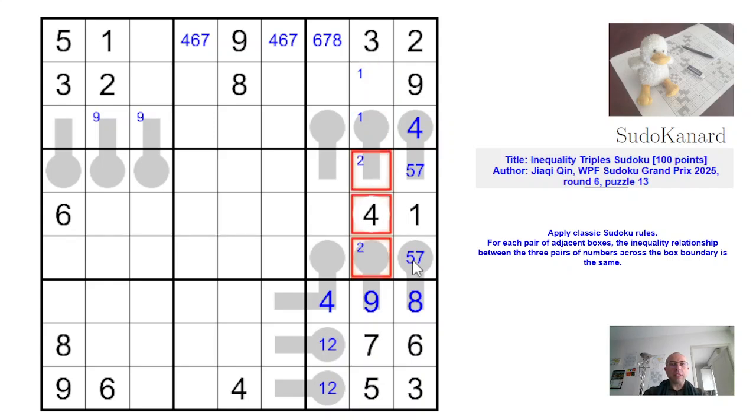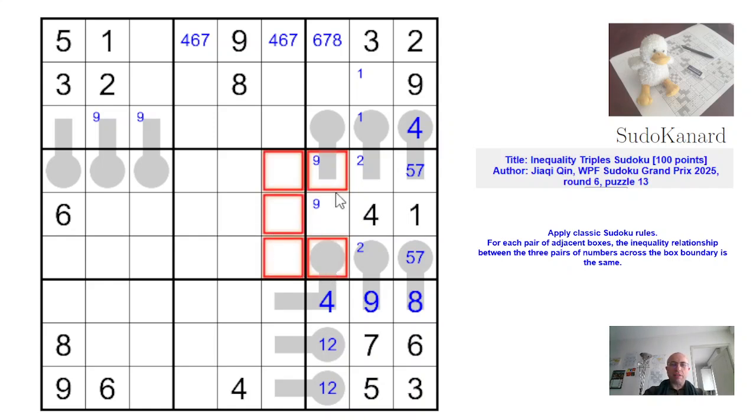2 is around here. I'm saying that 9 is somewhere here, which allows us to draw the thermometers here. We know that 9 is here, so it must be at the end of some thermo here or there.